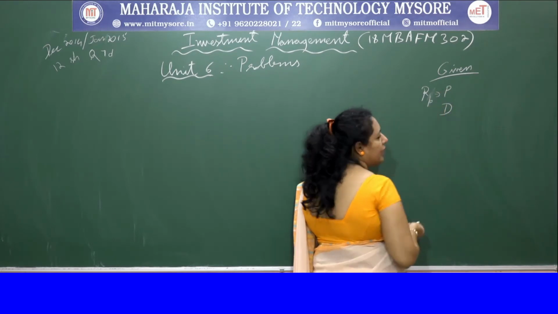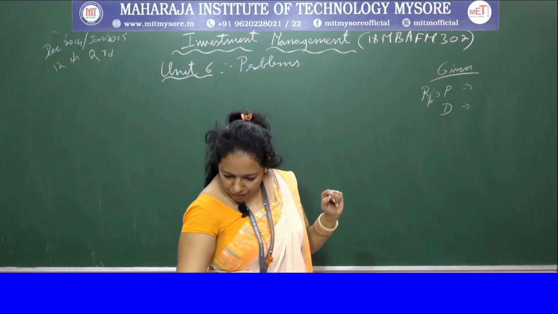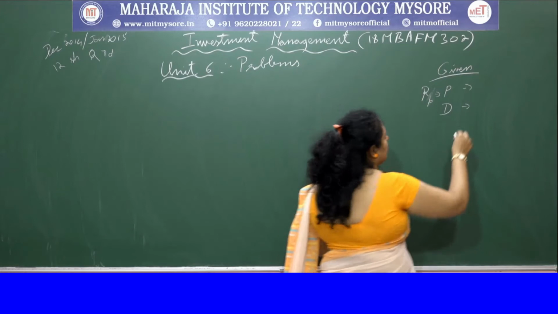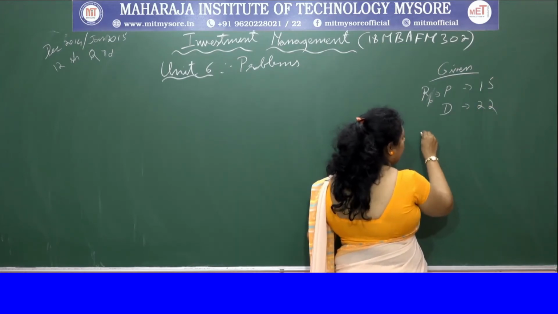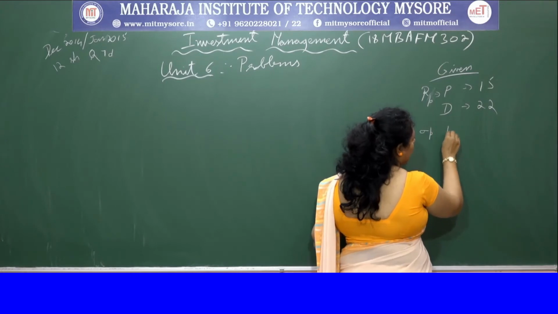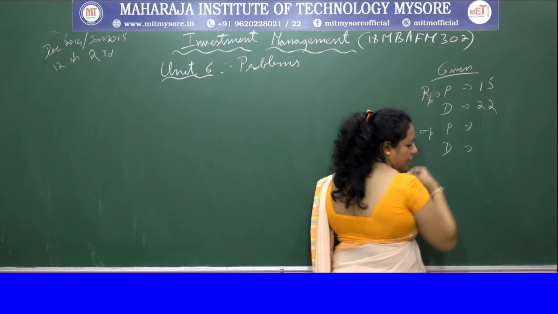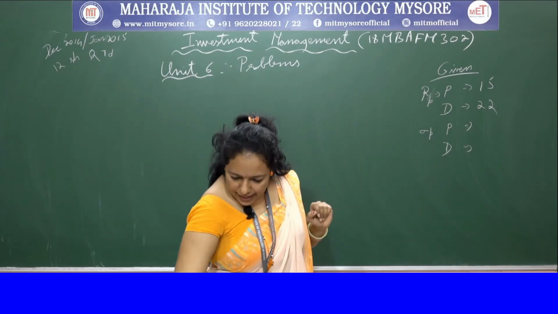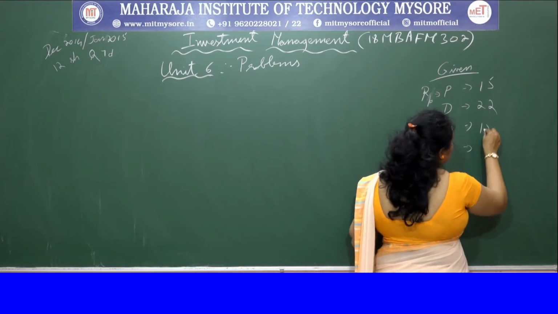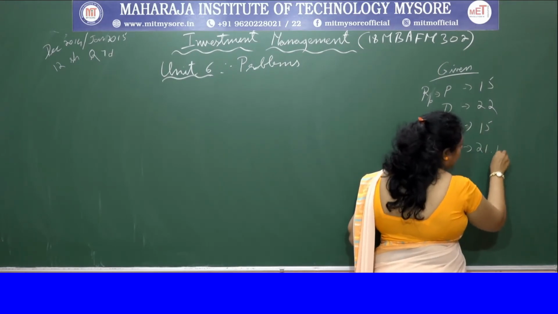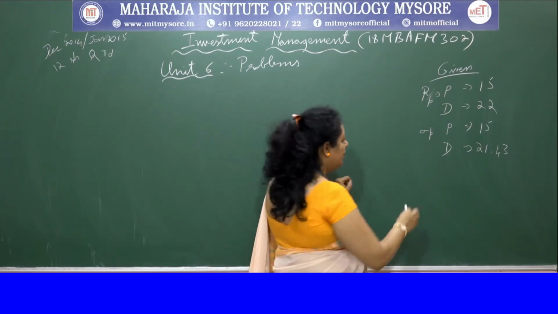So RP of Pearl is 0.15, so I'll take 15, and Diamond 22. Then we need standard deviation P of Pearl and Diamond. As per the data given, it is 15 and 21.43.